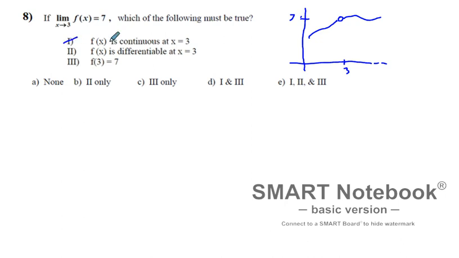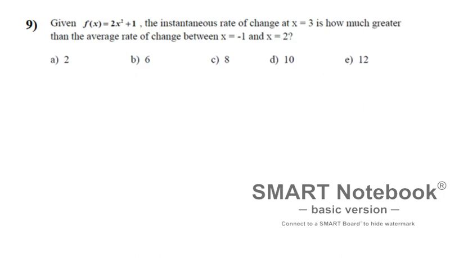So 1 is not necessarily the case. And if we are not continuous, can we be differentiable? No. And in this case, where we have an actual hole there, is f of 3 defined as 7? No, it's not defined according to the sketch and drawing I made. So based on what must be true, none of those statements.